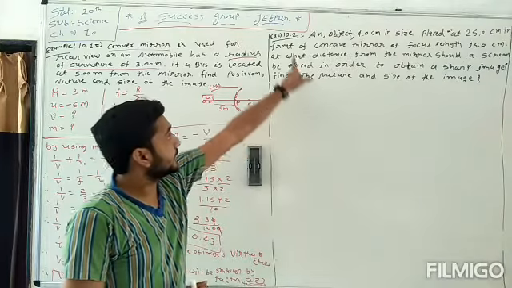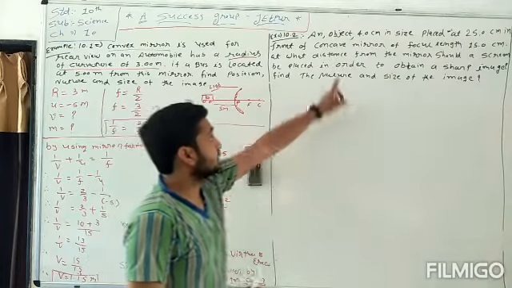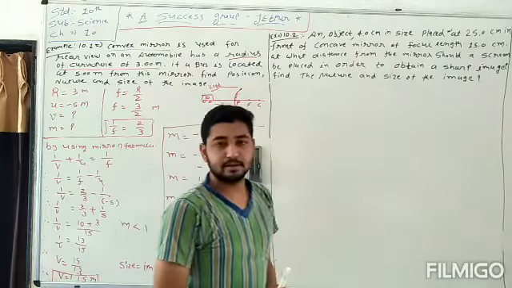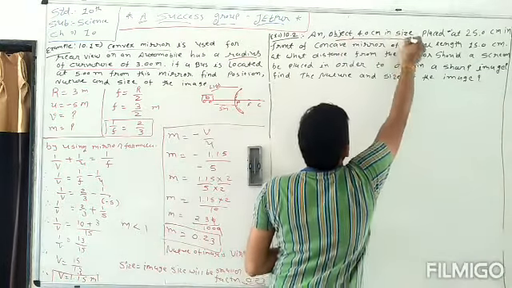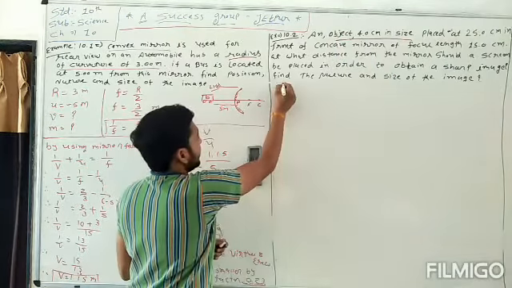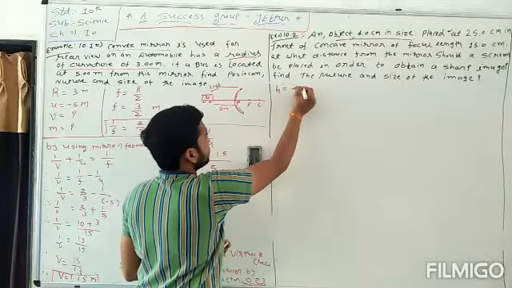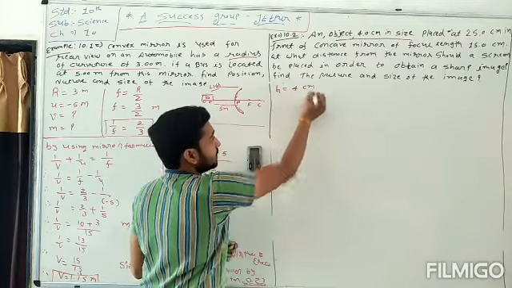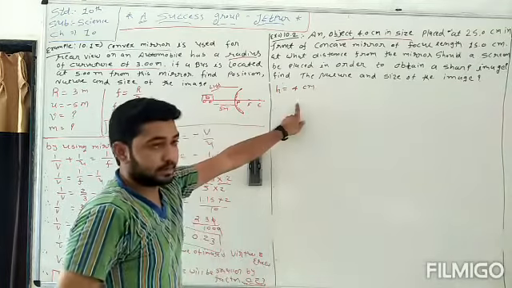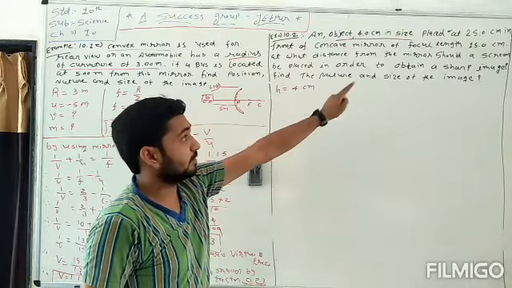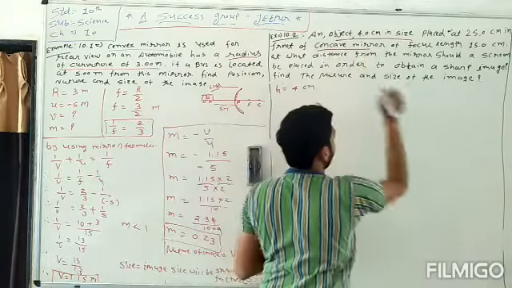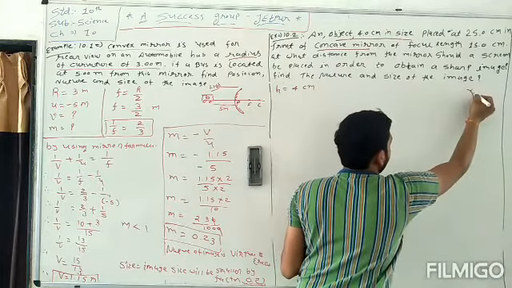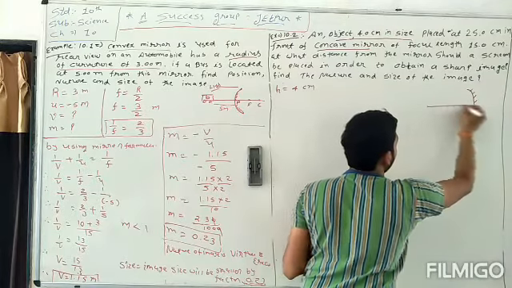Now example number 10.2. An object 4 centimeter in size. So the object size, which is denoted by h, is 4.0 centimeter, that is 4 centimeter, placed 25 centimeter in front of a concave mirror.